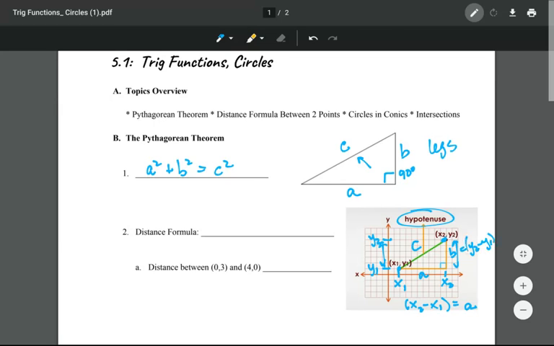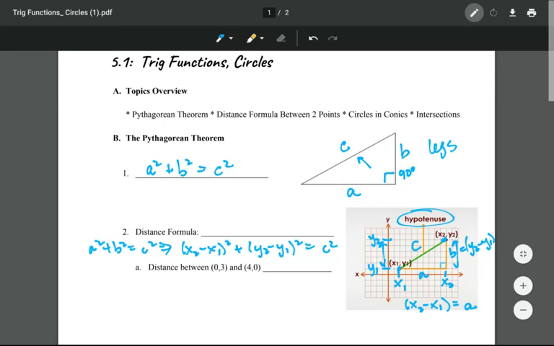And from there I can find c. So for that distance formula, I need to take a squared plus b squared is equal to c squared. But I can rewrite this as (x2 minus x1) squared plus (y2 minus y1) squared equals c squared.